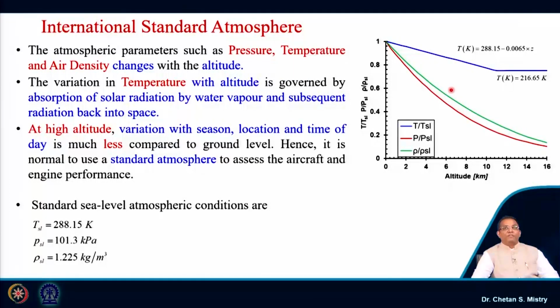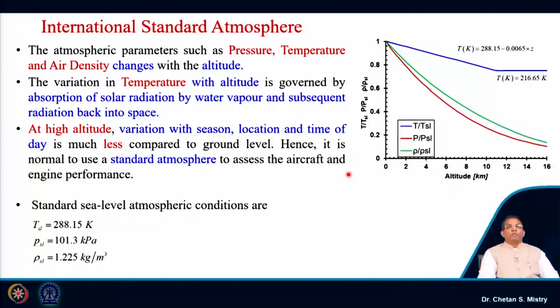If we look at the temperature, because of absorption of solar radiation by water vapor and subsequent radiation back to space, we have variation of temperature up to a certain altitude, and after that we do not have much variation in temperature. The standard sea level conditions are 288.15 Kelvin for temperature, 101.3 kilopascal for pressure, and 1.225 kg per meter cube for density.